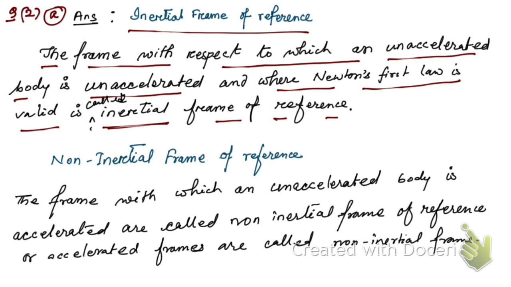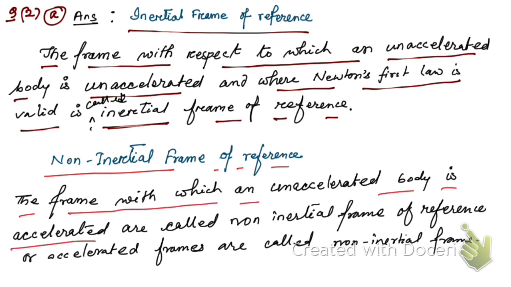I will explain the meaning of these two statements. The definition of a non-inertial frame is the frame with respect to which an unaccelerated body appears accelerated. Or you can say accelerated frames are called non-inertial frames.